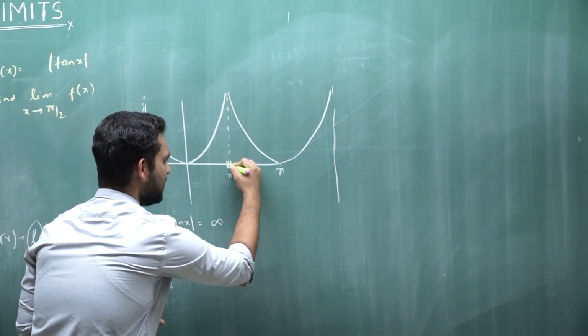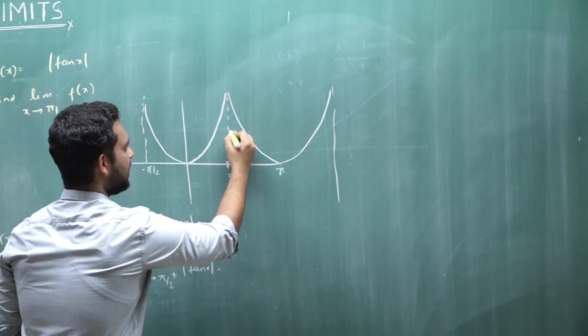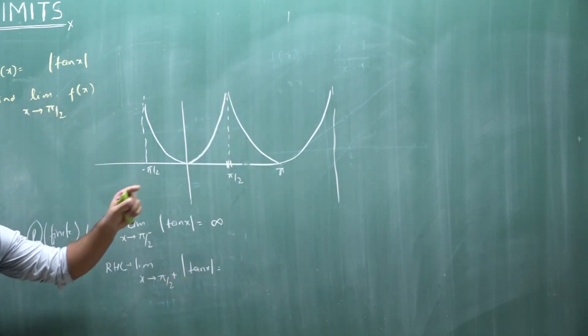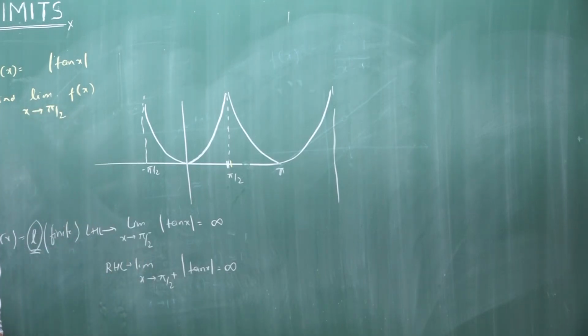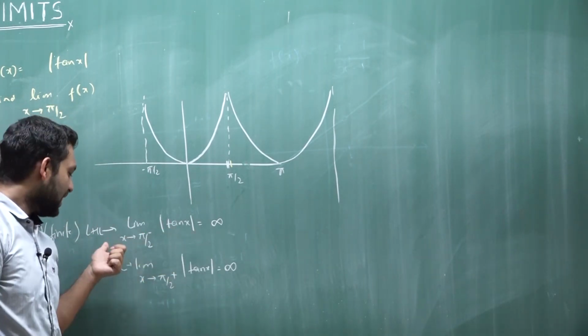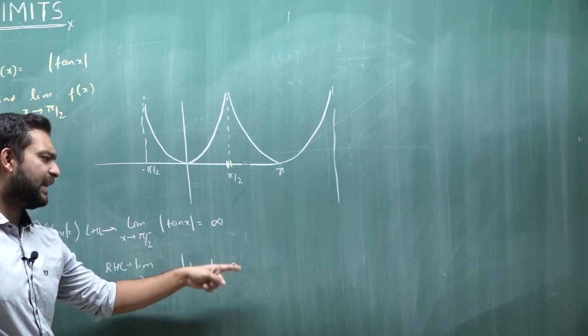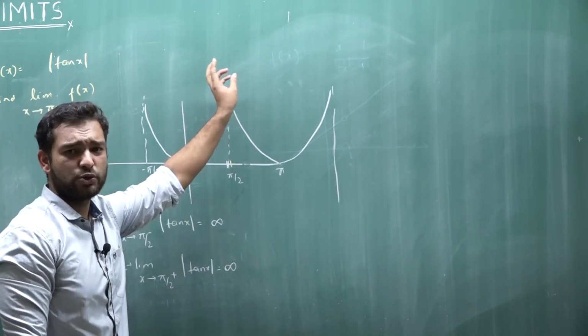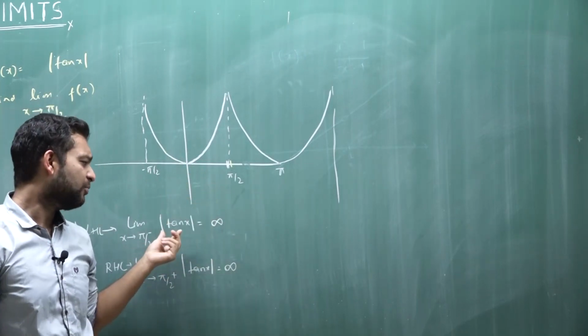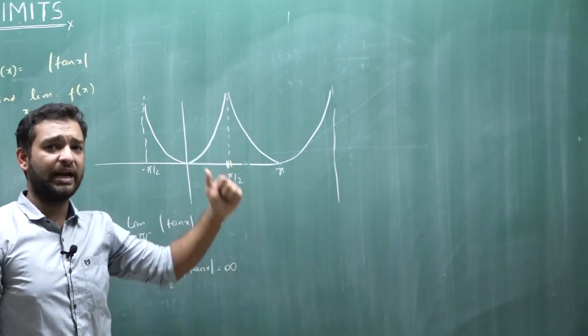Again, if you look at the graph here, it is tending to infinity. Your left hand limit and right hand limit both are tending to infinity. So you must think that both are coming out equal, so we can say that the limit of mod of 10x at pi by 2 is also infinity.